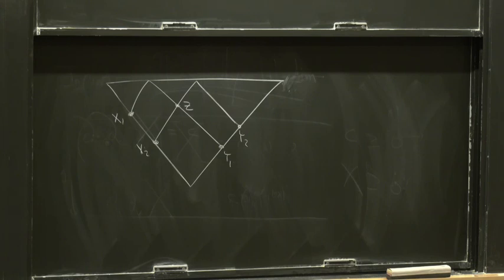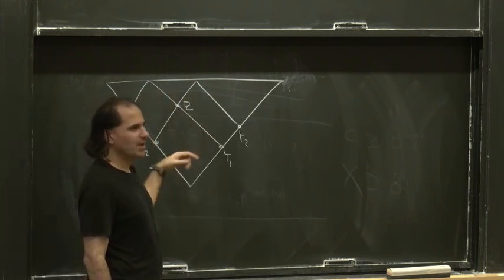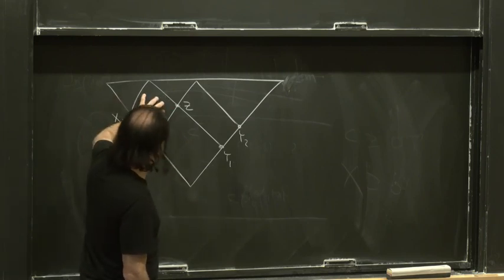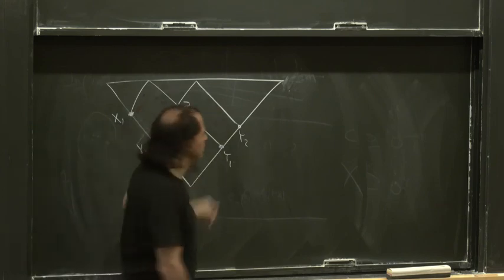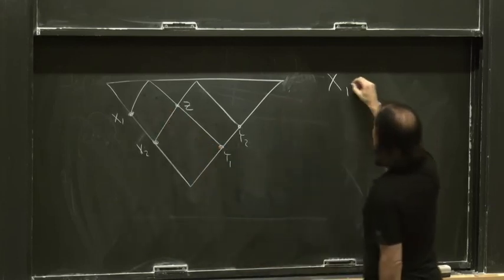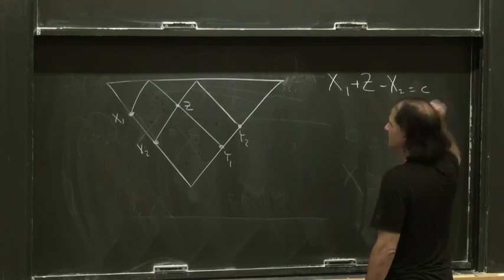And now I want to somehow say something about all of these things being positive. So I could literally write down the Gauss law conditions for this mesh, and that mesh. That's 3 equations, so let's write them down. This mesh says that x1 plus z minus x2 is some constant, c.